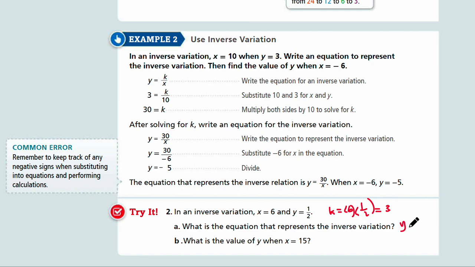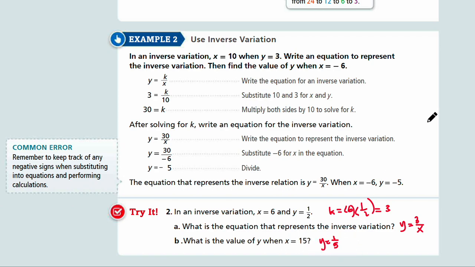Using our equation, we can write that the equation is y equals 3 over x. And now, what is the value of y when x is equal to 15? Using this equation, you can substitute 15 into x. 3 divided by 15 is 3 over 15. If you simplify that, y is equal to 1 over 5 when x is equal to 15.